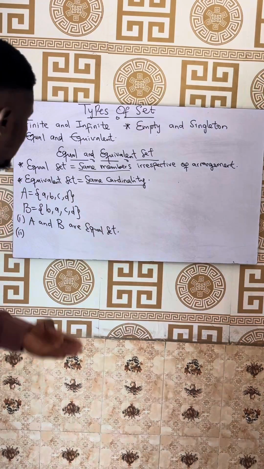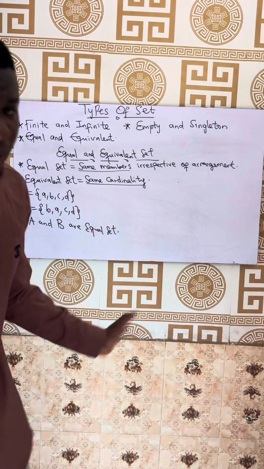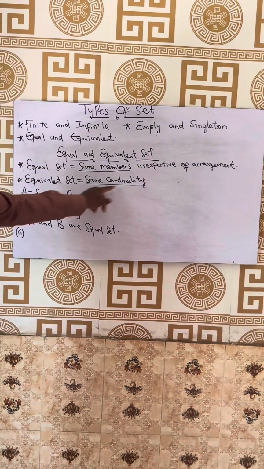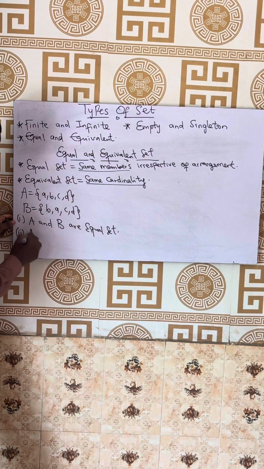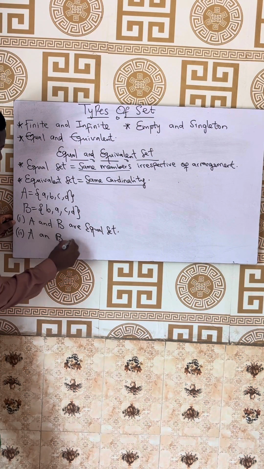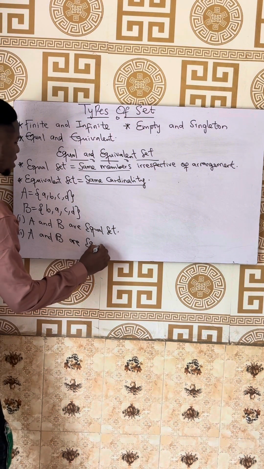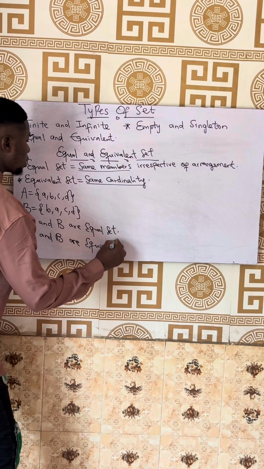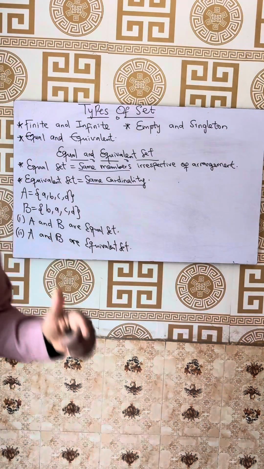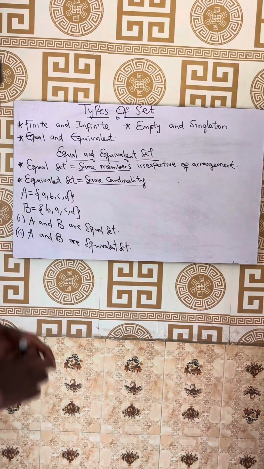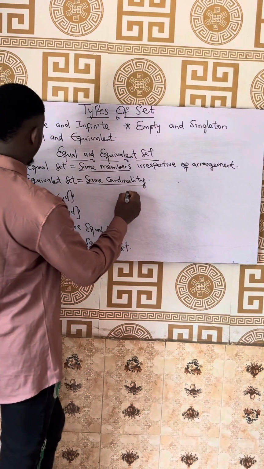So this simply shows that set A and set B have the same cardinality. So once they have the same cardinality, this simply means they are also equivalent. Set A and B are equivalent sets. So this simply means that set A and set B are both equal and equivalent. Now let's look at another example.